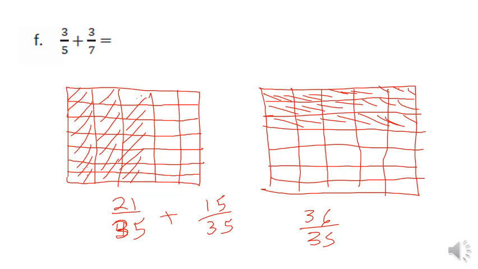Which we know 35 35ths equals 1, plus 1 35th. So that would be equal to 1 and 1/35.